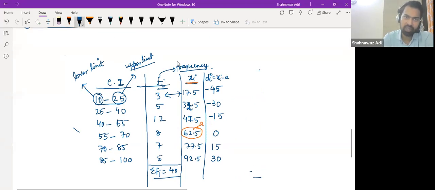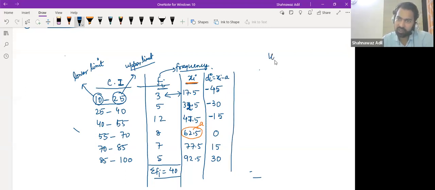So we calculated Di. Now we will calculate Ui, right? And what is Ui? Ui is Di by h, where h is the class size, right? And what is class size? It is the upper limit minus the lower limit.